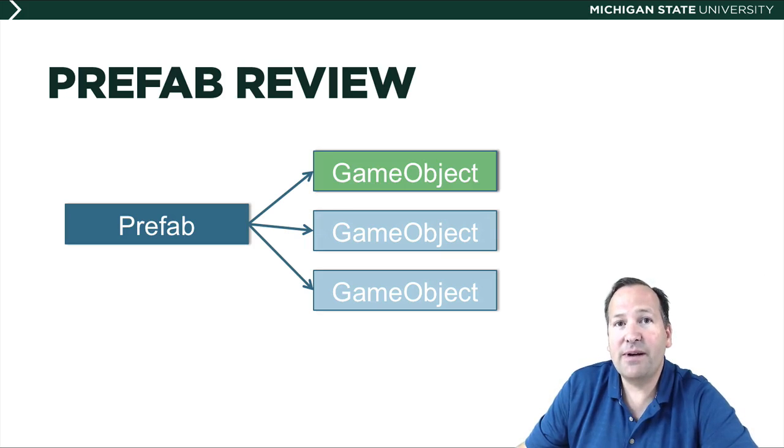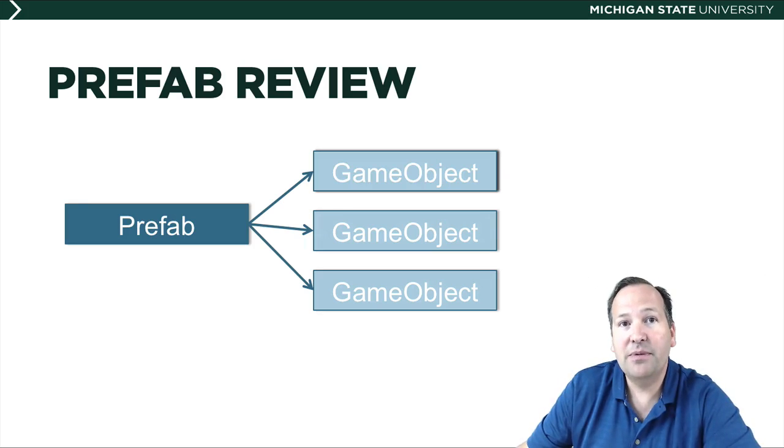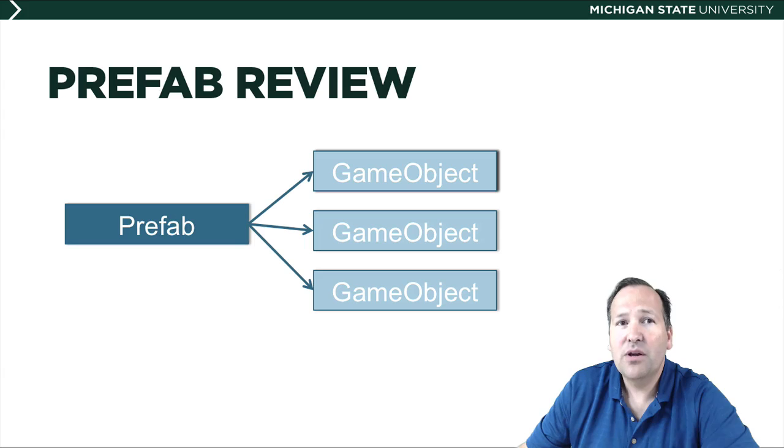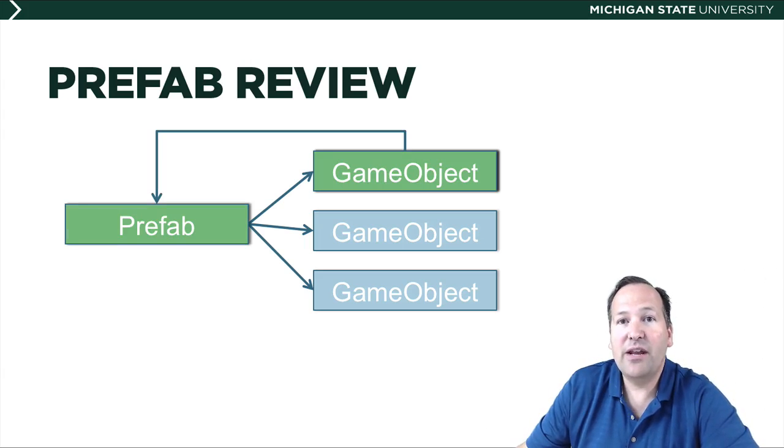Further, you could customize a game object built from a prefab and then revert back to the prefab if you don't like the changes. Or if you customize a game object built from a prefab, you can then apply those changes back to the prefab so that all the other game objects built from that prefab are then updated.